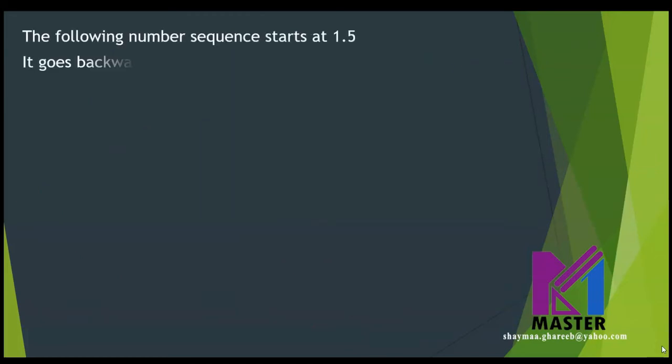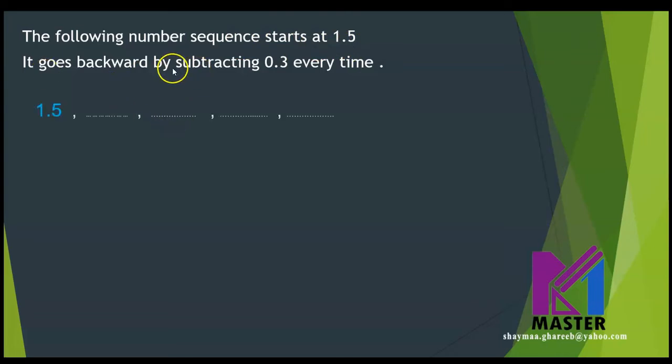Now, let's see another example. The following number sequence starts at 1.5. It goes backward by subtracting 0.3 every time. So, let's complete the missing numbers in this sequence. It starts with 1.5 and goes backward by subtracting 0.3 every time.